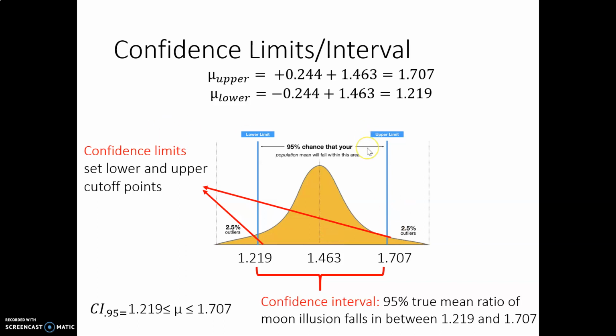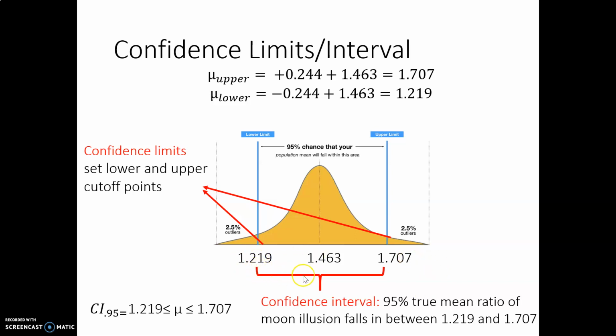Okay, so this is a visualization. So let's say this is our sample mean, and based on this sample's mean, we estimate the range of our population's true mean, which is somewhere between 1.219 and 1.77.